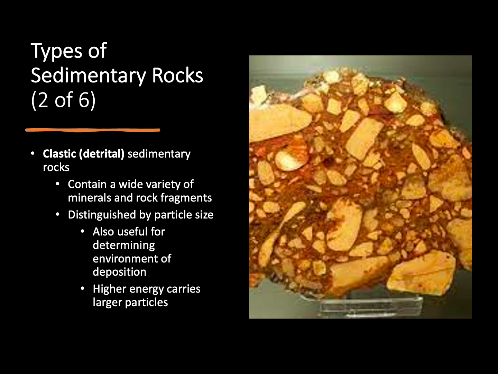So when we're looking at these clastic sedimentary rocks, to tell them apart, we want to look at things like the size of the sediment pieces within the rock. This is going to tell us a lot about how much energy was in the environment, as well as how it could have been deposited, whether it was deposited by wind or water or gravity.